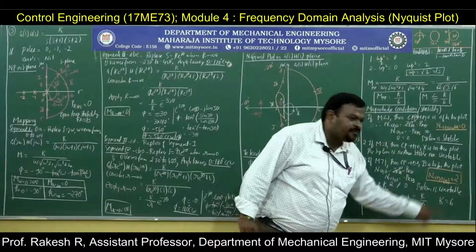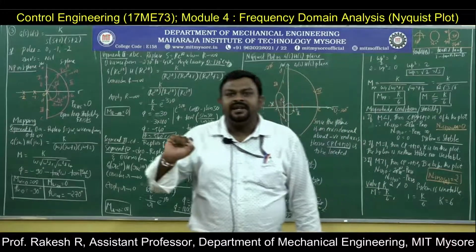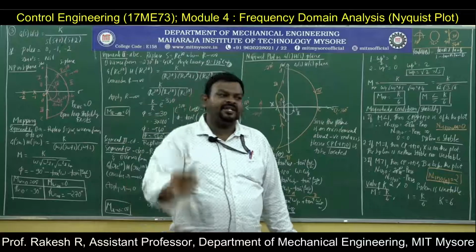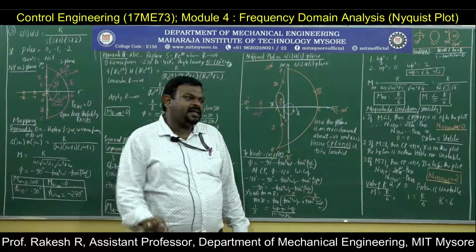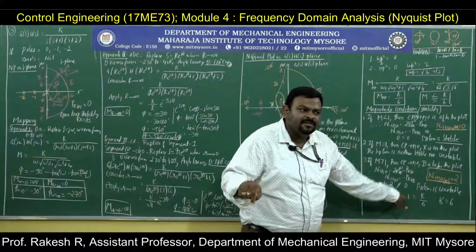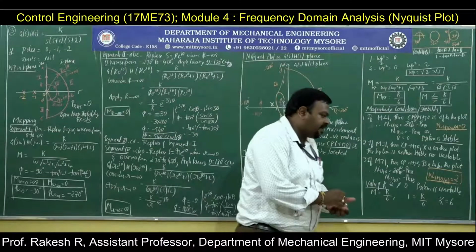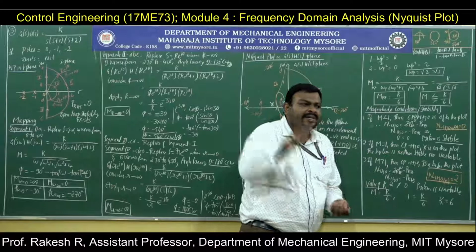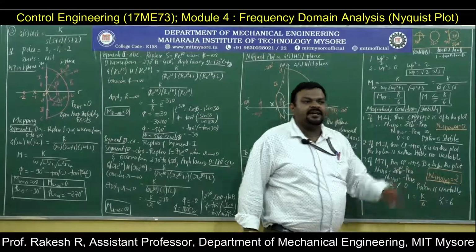So this is a value of K at which the system is neither stable nor unstable. But if the value of magnitude is less than 1, then the system is stable. If you want to make the value of magnitude less than 1, it should not exceed the denominator.